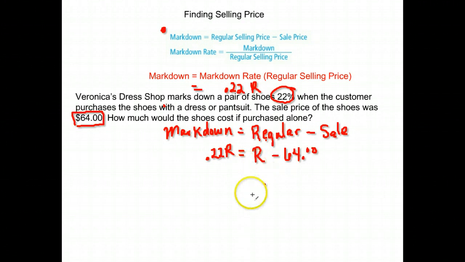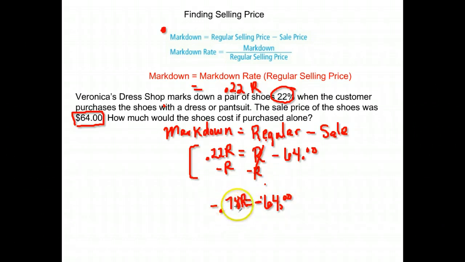I want to solve this for R, but notice there is one R on the left and one R on the right of the equal sign. So I'm going to subtract an R from each side so that all the R's are together. Now when I do this side over here, 0.22 minus 1 is what I would have there. And 0.22 minus 1 is negative 0.78, and that is equal to negative 64.